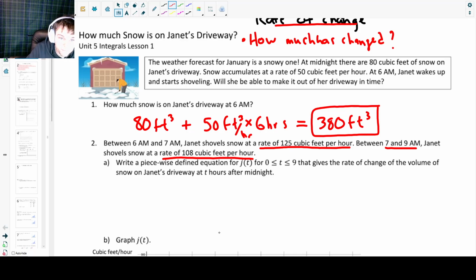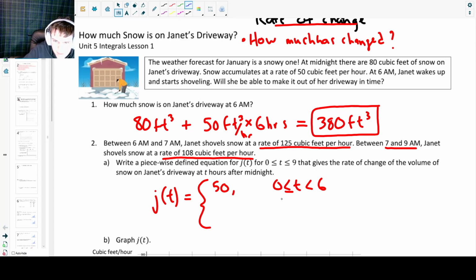So obviously, initially, she's not doing anything. So in that first period of time between 0 and 6, I guess all the way up to 6, I don't really know how we want to define these values, but it was snowing at a rate of 50 cubic feet per hour. Then we have this second piece that occurs between, sorry, 6 and 7 a.m. So between 6 and 7, Janet is removing the snow at a rate of 125 cubic feet per hour.